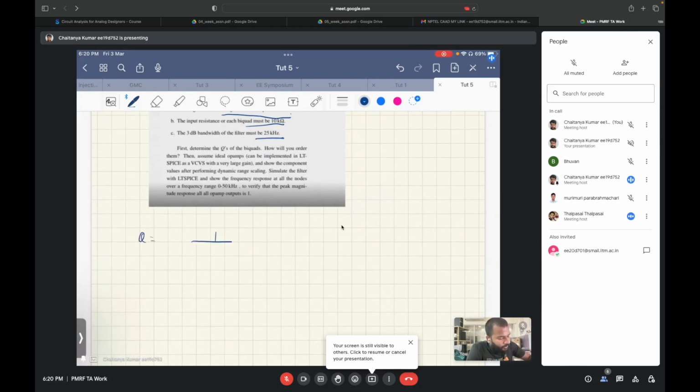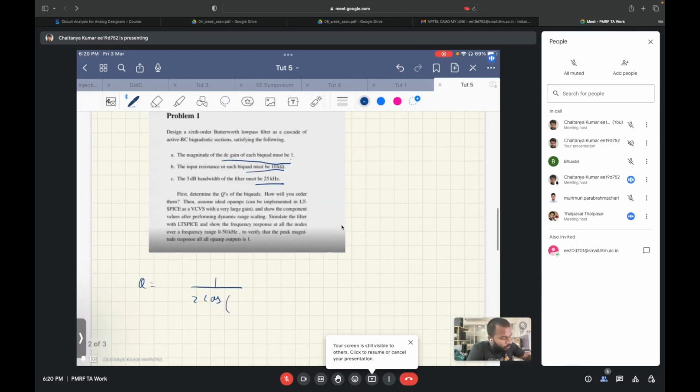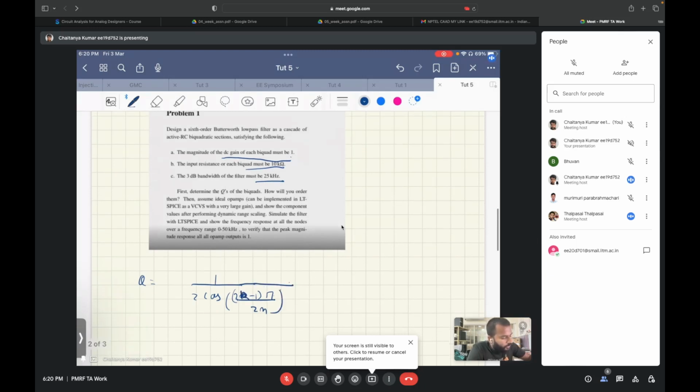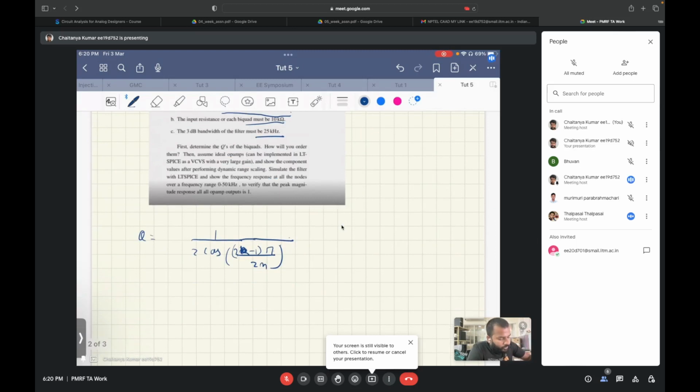The quality factors of the biquads can be found by the following equation, with a cosine of 2 pi by 4 for second order. So this is the equation with which you find the quality factors.